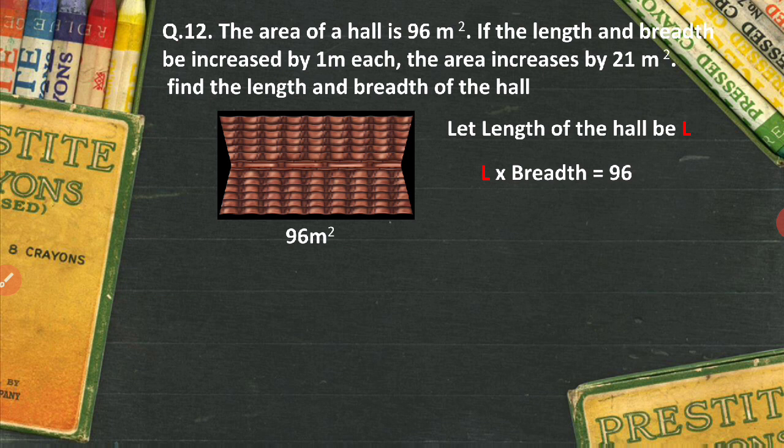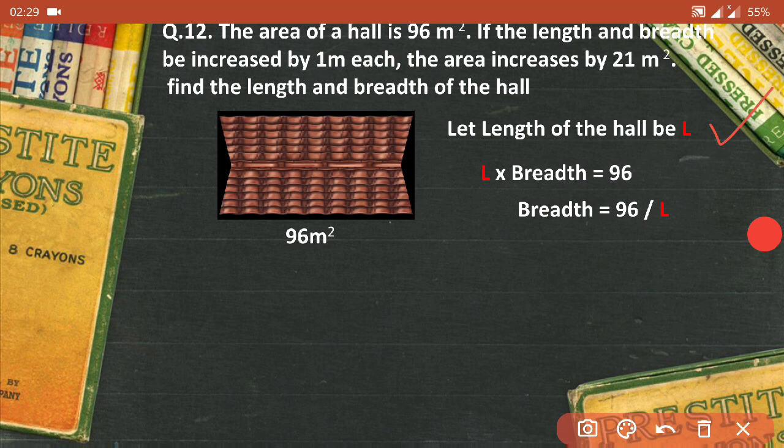So if you want to find the dimension for breadth, all I have to do is 96 divided by L. So L, which is multiplied, goes to the other side and gets divided, so breadth will be 96 upon L. So the length is L, breadth is 96 upon L.